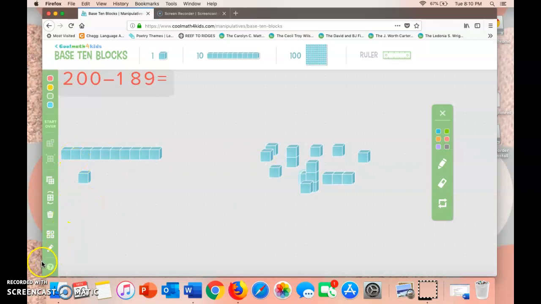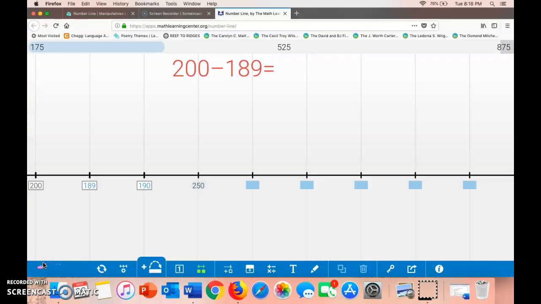Moving on to third grade, the North Carolina third grade standard NC.3.NBT.2 expects students to use place value to add and subtract. Respectively, students should be able to add and subtract numbers up to and including 1,000.